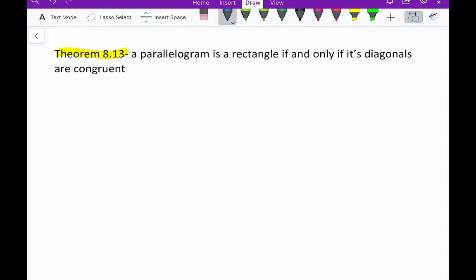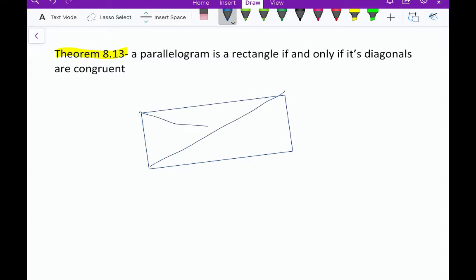All right, a parallelogram is a rectangle if and only if its diagonals are congruent. So this is a property of rectangles, that the diagonals are congruent, which means if I draw my diagonals, let's go back to a parallelogram. In a parallelogram, this is congruent to that, and also the other diagonal is also broken into two congruent parts. But because the diagonals are congruent, so let me put it this way, BD is congruent to AC.